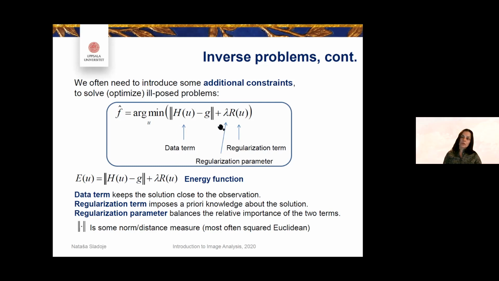And both of them now are included in the optimization, where this first one is actually given by our problem and the data that we deal with, while this other one is something that we impose based on some a priori knowledge or some desired properties of the solution that we would like to impose. Then we also include a regularization parameter in this equation, which allows us to set suitable weights or importance to these two different terms.